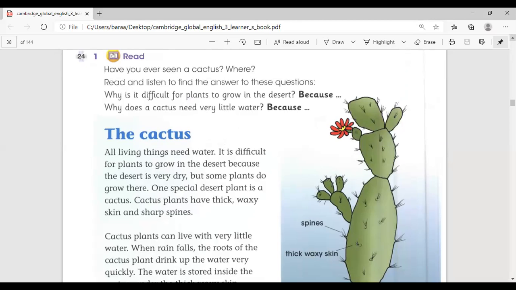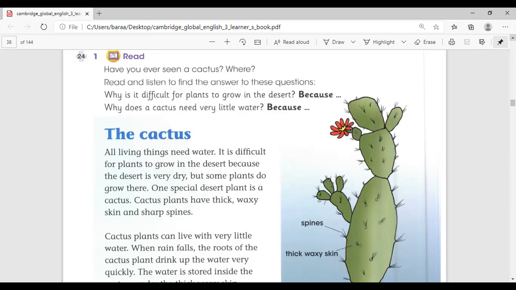It's too easy to answer this question, because the desert is very dry and hot, so not all plants can live there. So the cactus can adapt to the desert.